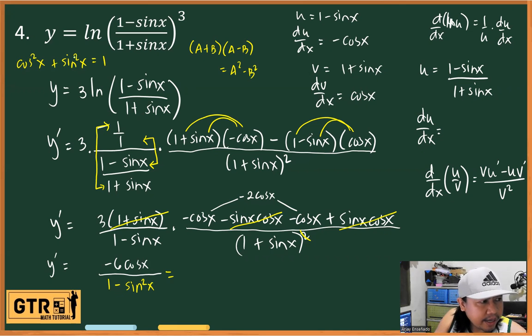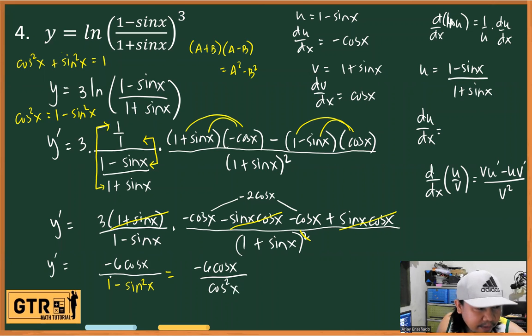So if we subtract sine squared x from both sides, we have cosine squared x equal to 1 minus sine squared x. So therefore, our expression will become, just copy the numerator, negative 6 cosine x over cosine squared x. So we have an identity: 1 minus sine squared x is equal to cosine squared x.